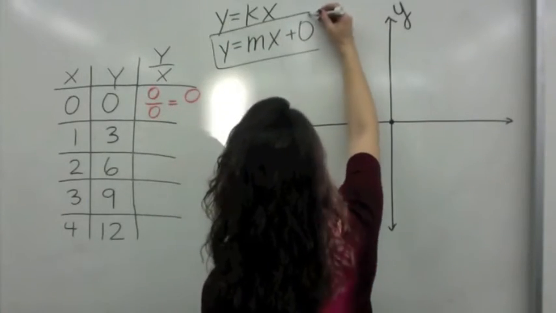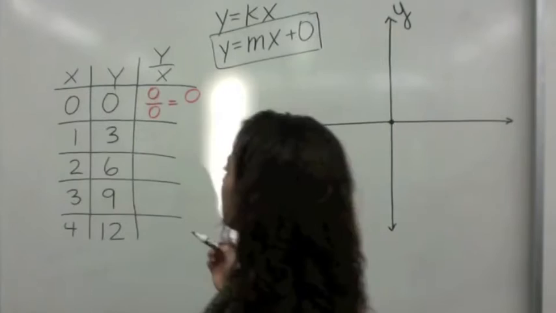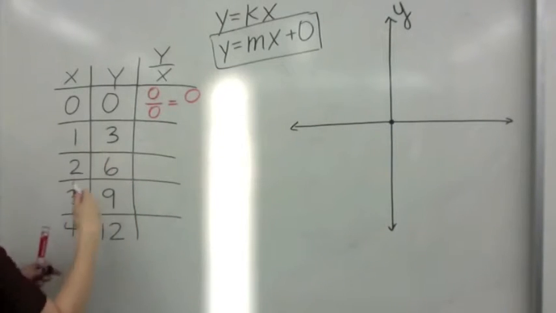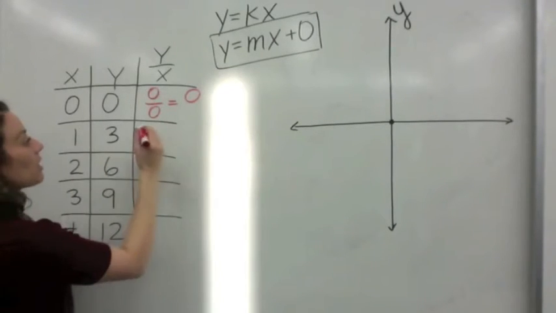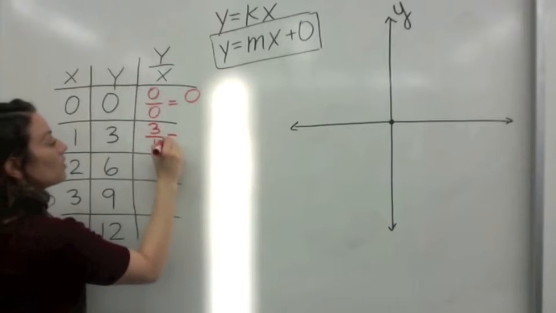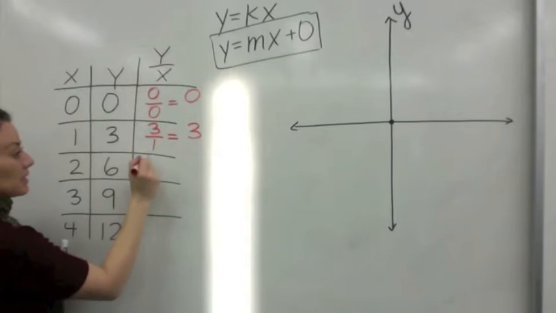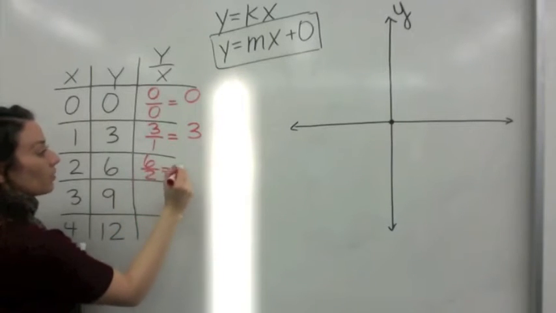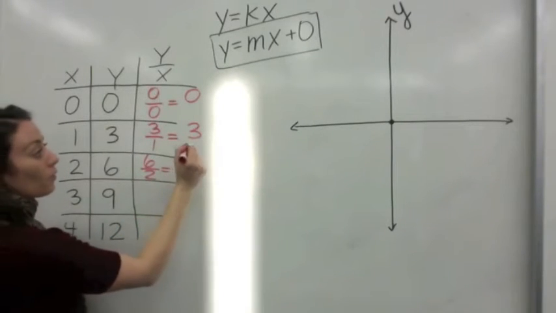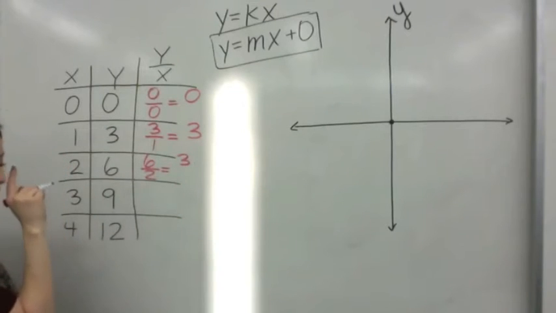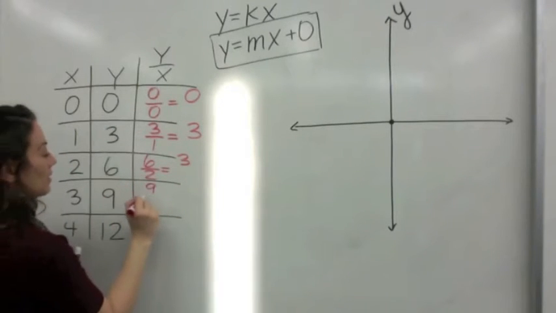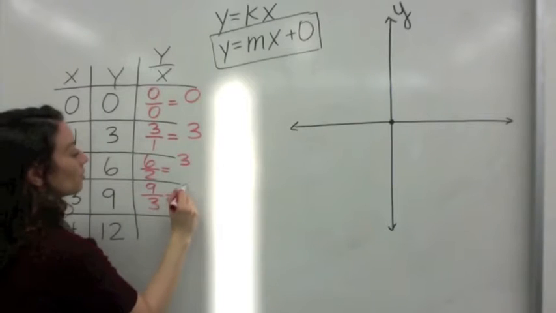From this point, what is the slope? Let's take a look at the ratio. Y divided by x is the same as 3 divided by 1, which is 3. That's the rise over run. If we take 6 divided by 2, we get 3. What's 9 divided by 3? It's also 3.